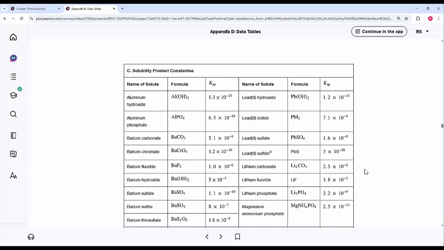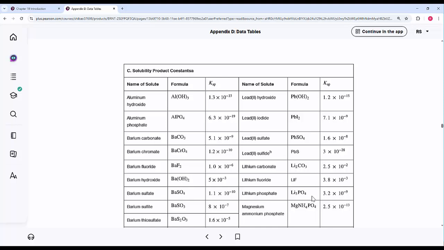Those are smaller, and so they're going to have stronger electrostatic attractions with the opposing ion, which forms stronger bonds, making it less soluble. And so there are a lot of exceptions for lithium shown here. For example, lithium carbonate, 10 to the minus 2, lithium fluoride, 10 to the minus 3, lithium phosphate, 10 to the minus 9, so all fairly insoluble, or on the lower end of the solubility spectrum.